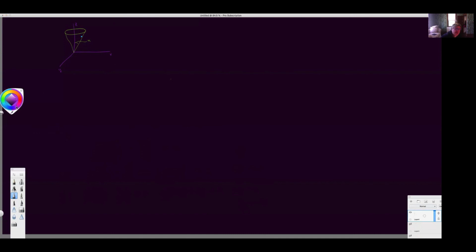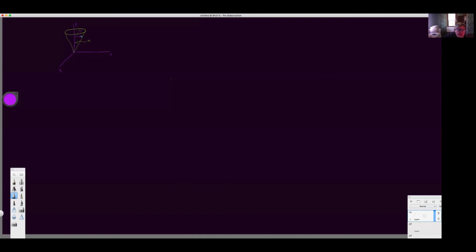Okay, so we have to decide on a coordinate system, and there's a natural coordinate system for a cone, and that is cylindrical polar. Sorry, brain not working. We're going to go out to here, and this will be rho.